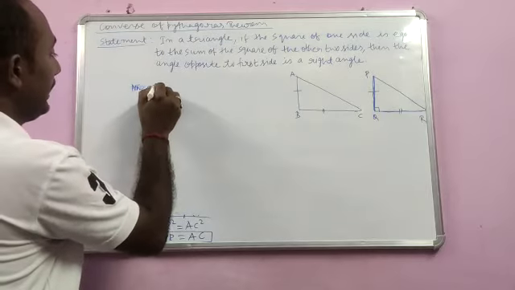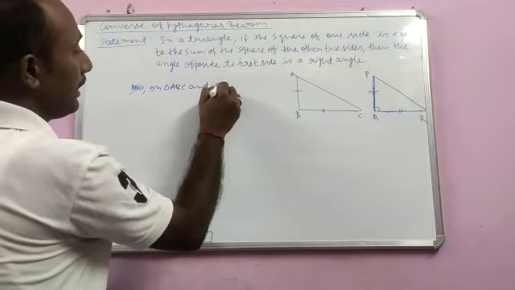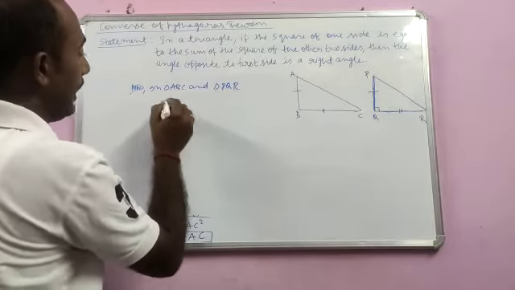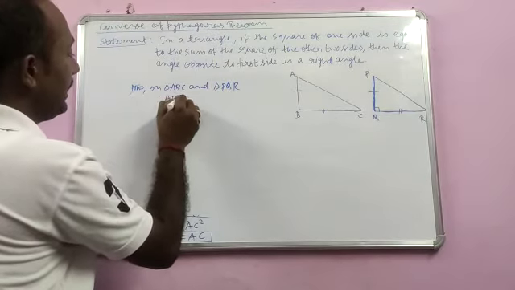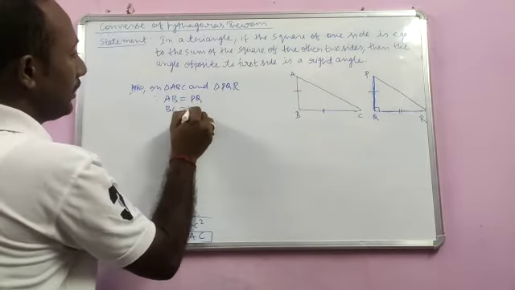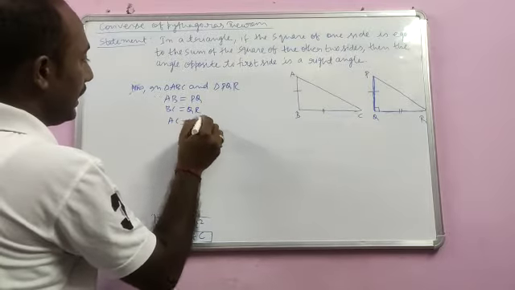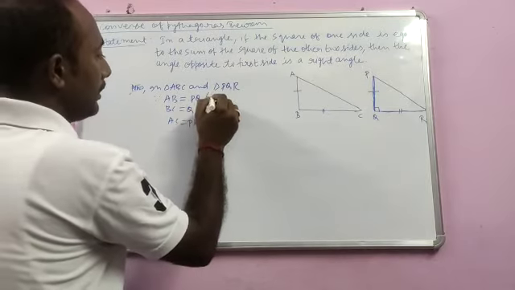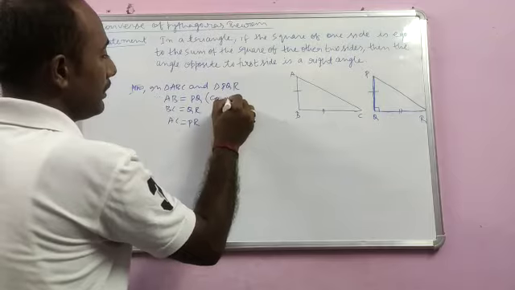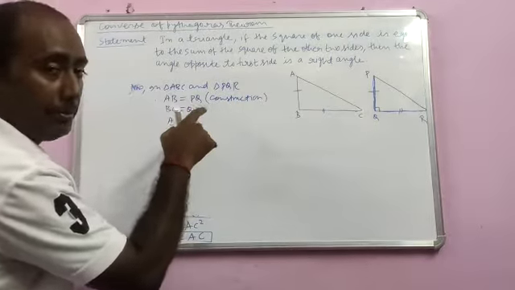Now in triangle ABC and triangle PQR, since AB is equal to PQ, BC is equal to QR, AC is equal to PR. Reason? Construction. We have gone for construction where we have taken AB equal to PQ.